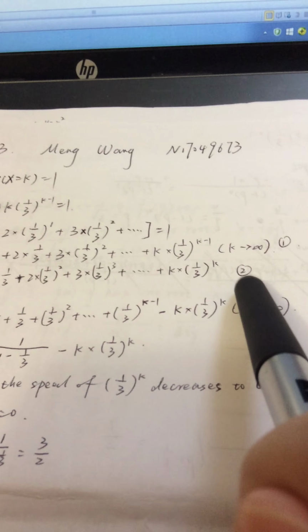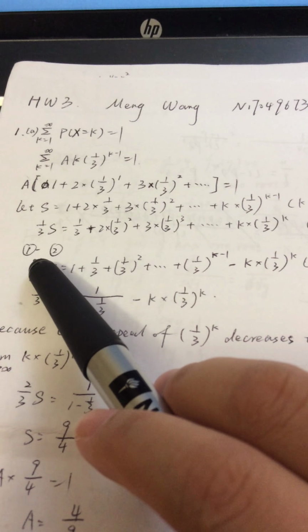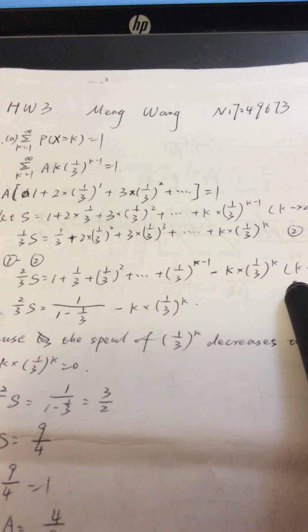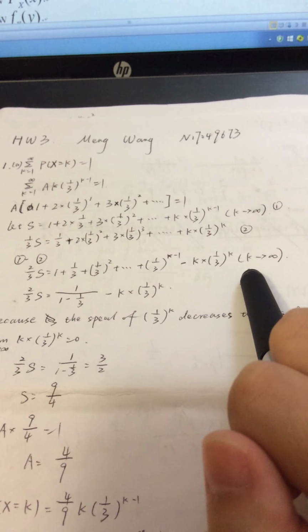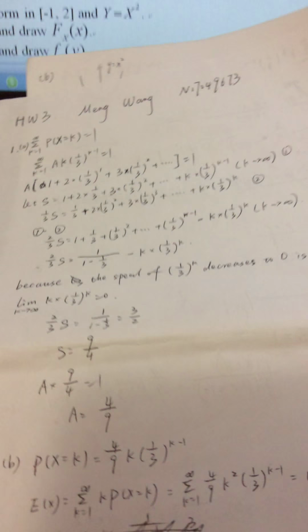We define this equation as 2, and then we let equation 1 minus equation 2, we get this. And by calculation, we can get this equation. Now let's analyze this equation.